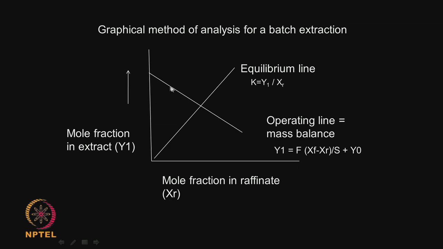That is why you have a straight line that is going down like this. So, these two lines will cut at some point, and this is the condition at which you are operating, corresponding to both the mole fraction in the raffinate as well as the mole fraction in the extract.